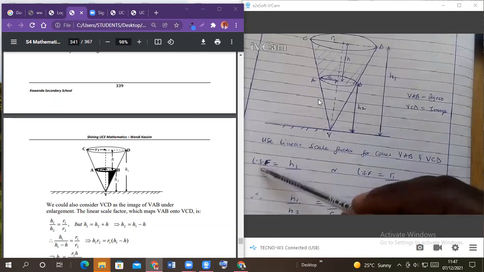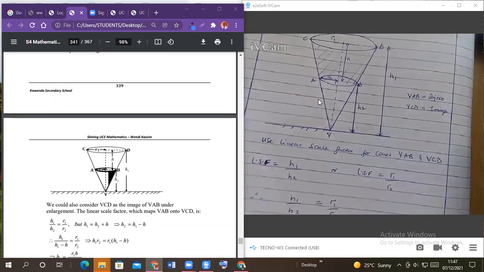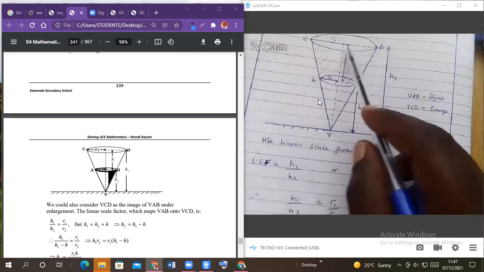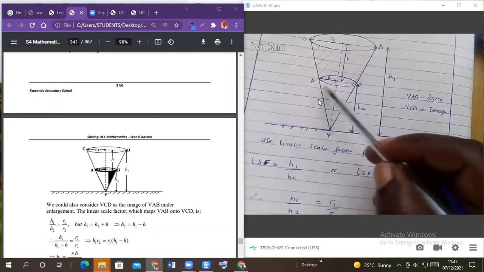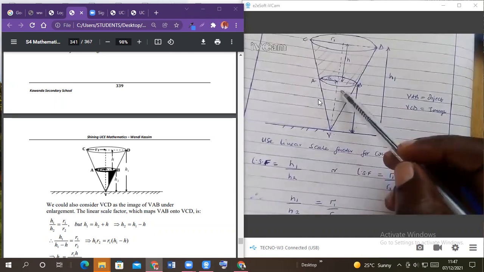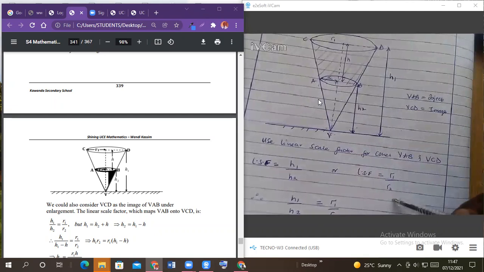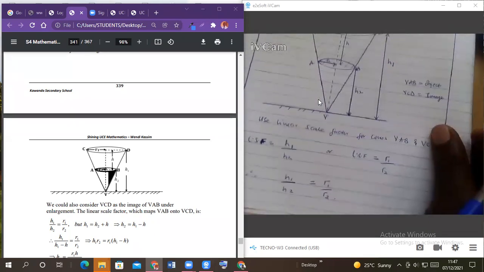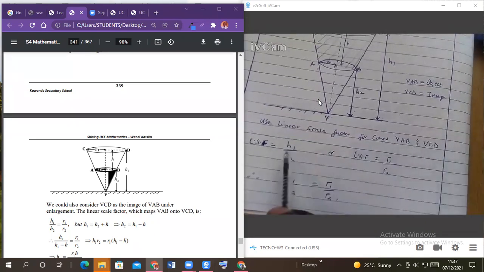It should give you a linear scale factor. And also the radius of the image, which is R1, over the radius of the object, which is R2, also gives you the linear scale factor. So in the end, you have the linear scale factor h1 over h2 equal to R1 over R2.